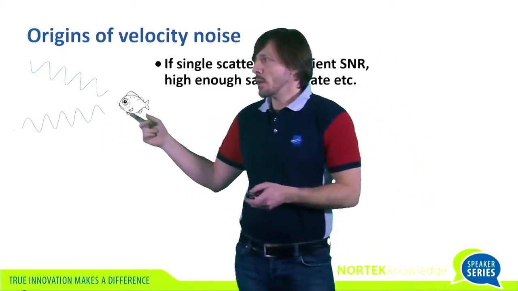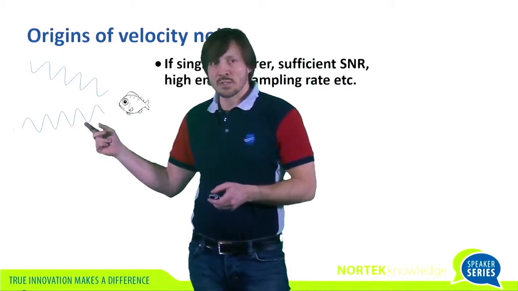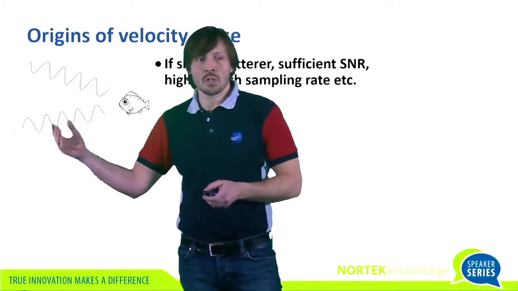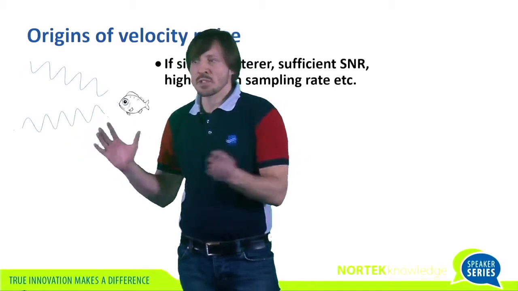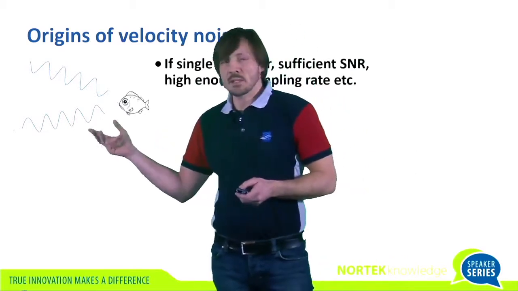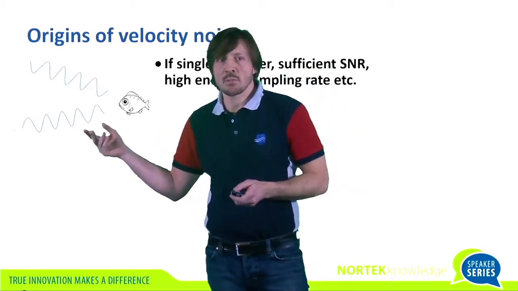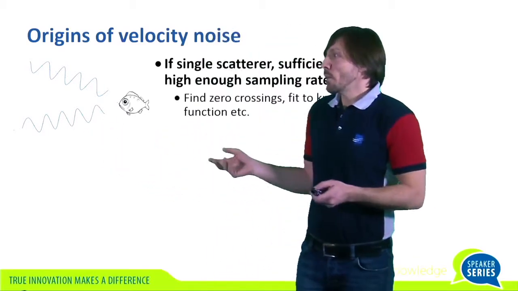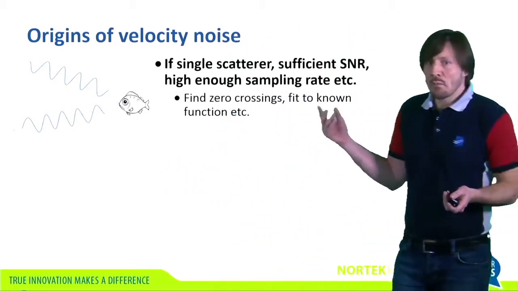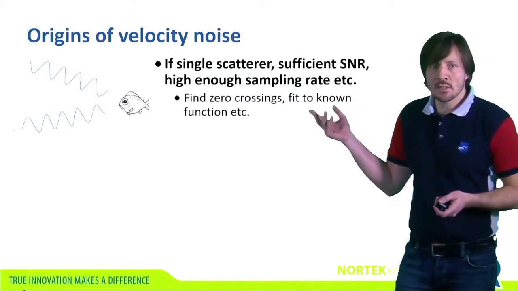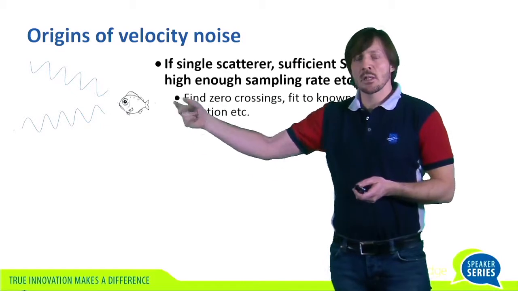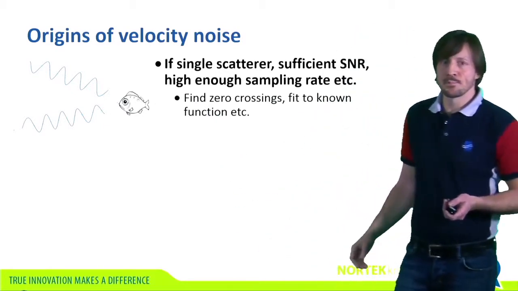So I can now look for the zero crossings, for instance, to calculate the frequency, or I can try to fit the whole function with just this stretching parameter as a variable and deduce the Doppler shift from there. And so in principle, if I have sufficient SNR and sample densely enough, I can deduce the velocity of this guy here to arbitrary precision.